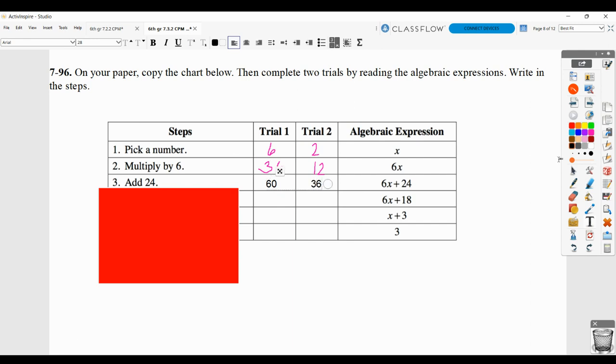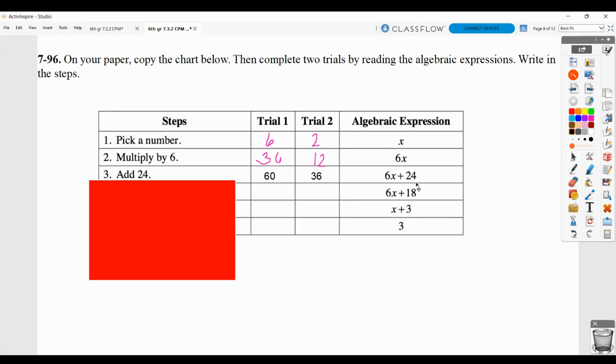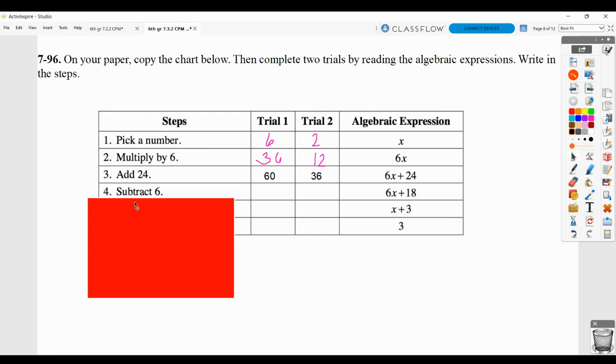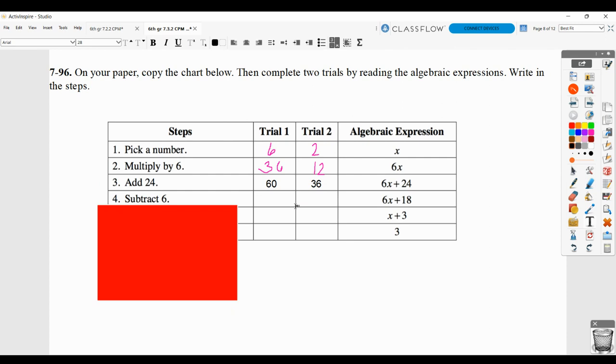Then how did we get from 6x plus 24 to 6x plus 18? We must have taken away 6, because going from plus 24 to plus only 18 means we've subtracted 6. So now my value here would be 54, and my value here would be 30.